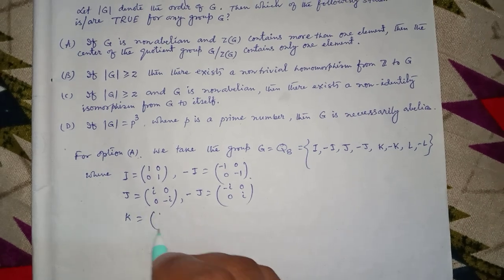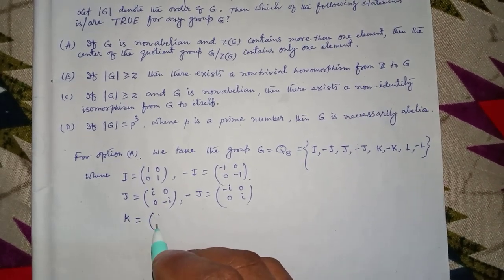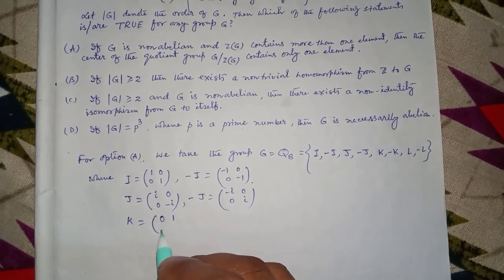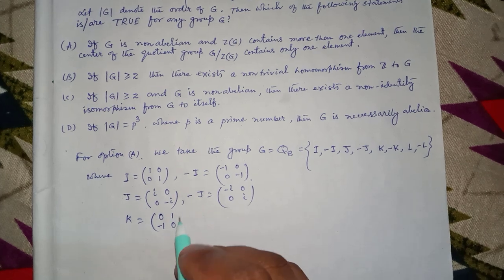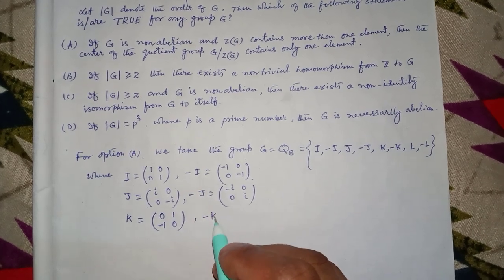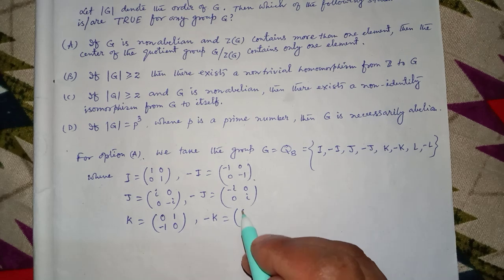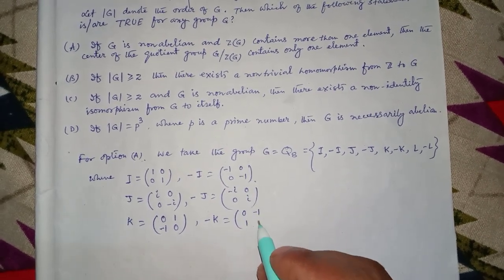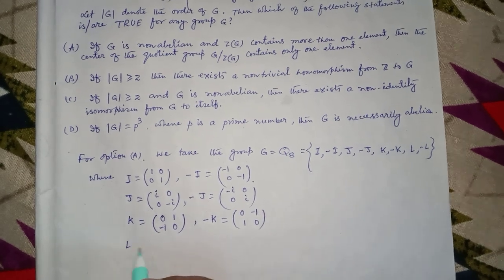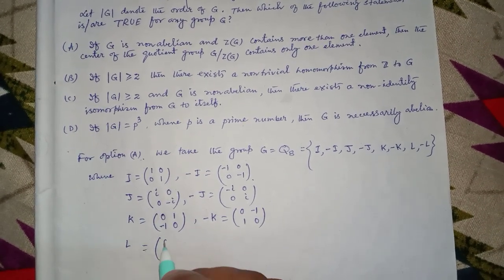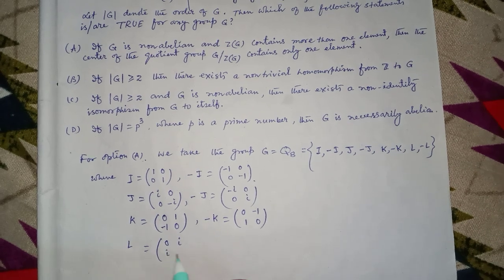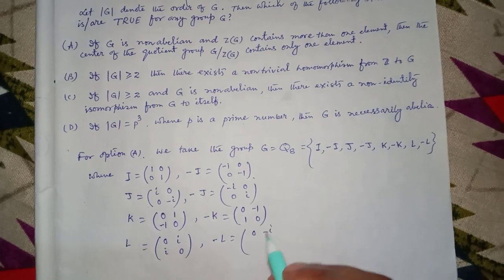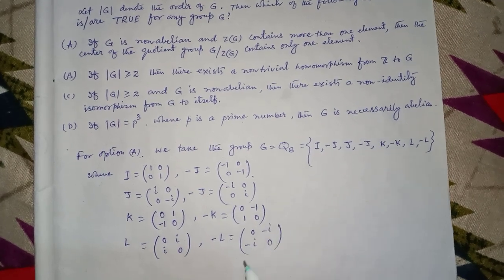K is [0 1; minus 1 0], so minus K is [0 minus 1; 1 0], and L is [0 i; i 0], minus L is [0 minus i; minus i 0].